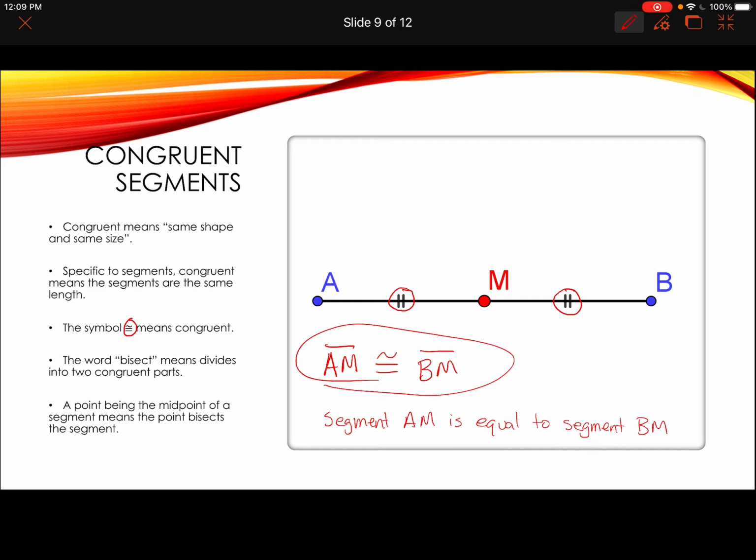That's what this statement means. It's read as AM is congruent to BM. So this symbol means is congruent to.